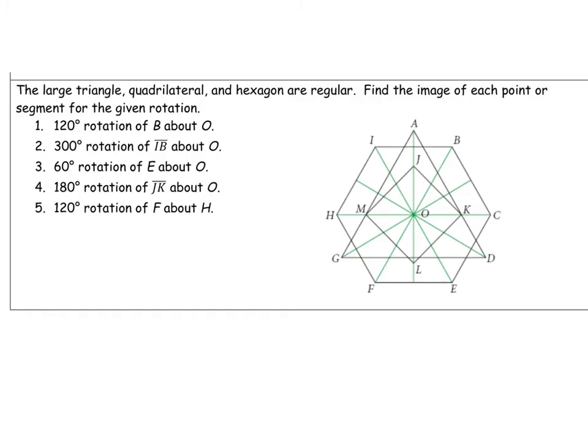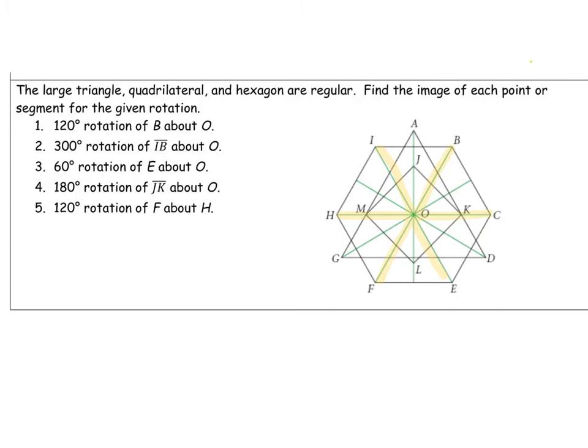And in this hexagon, I just want to draw some angles here. So if we look at the hexagon, here's our center of rotation right there. We have 1, 2, 3, 4, 5, 6 triangles.